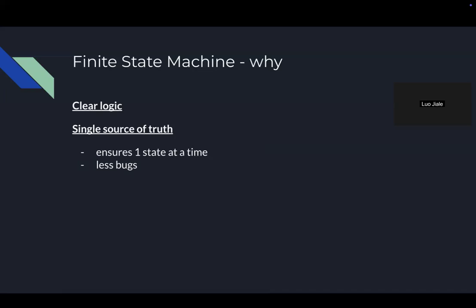And by ensuring there's only one state at a time, and that the appearance and the actions that can happen in each specific state are well defined, you can ensure that it doesn't look weird, basically. Okay, so that's pretty much about why we use FSM in our game.